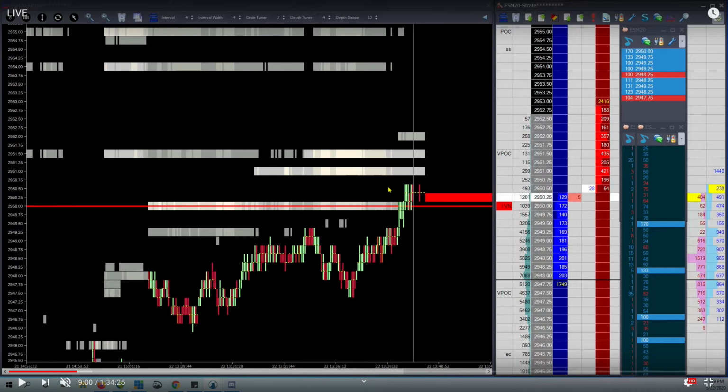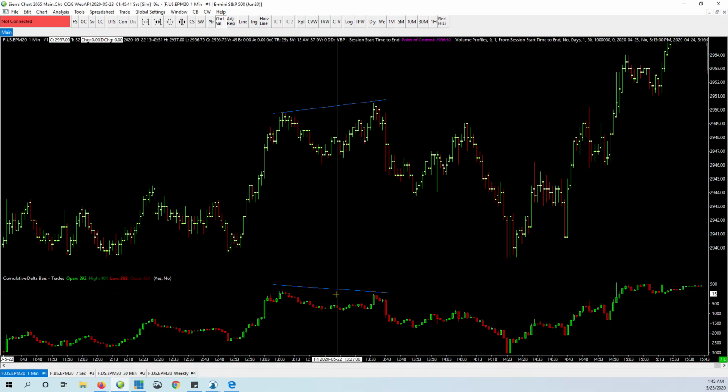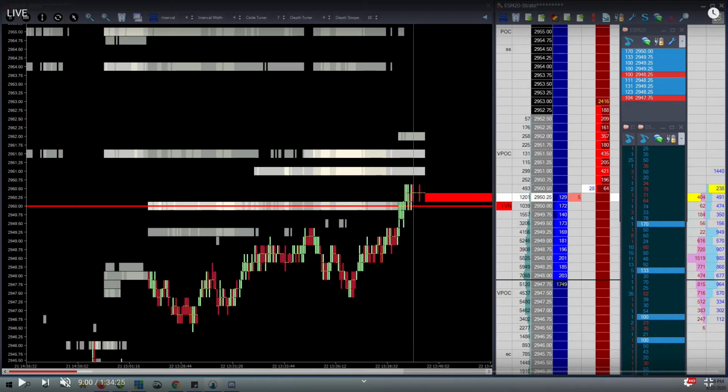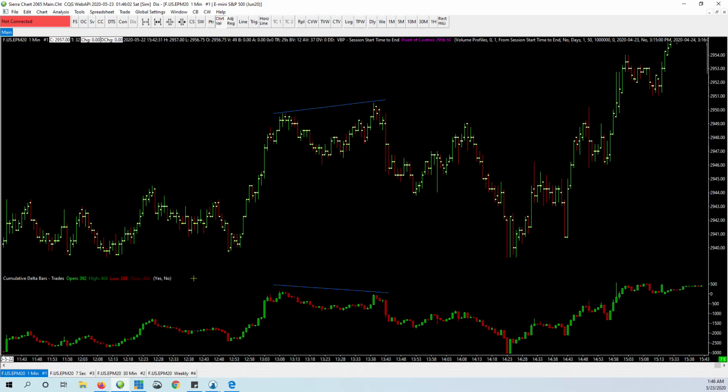And this is actually also a delta. This number is going to differ from the number on here because when I reset my footprint, this delta gets reset. So the delta can get reset every time I reset the footprint. So this is buy market orders minus sell market orders, and currently there are more buyers in this particular example, whereas this just goes backwards forever.